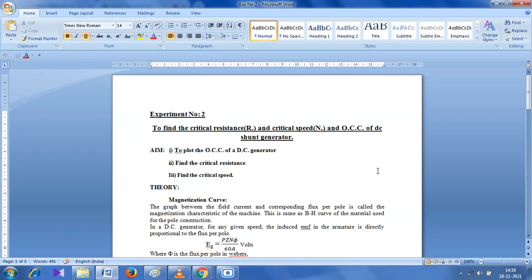Our experiment is to find out the critical resistance and critical speed, and we have to plot the OCC of a DC shunt generator.